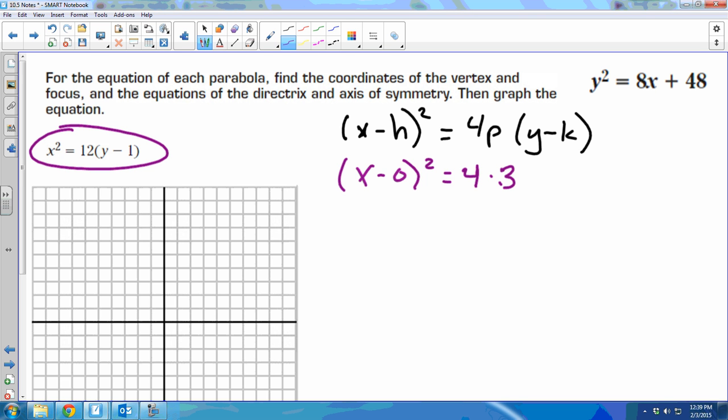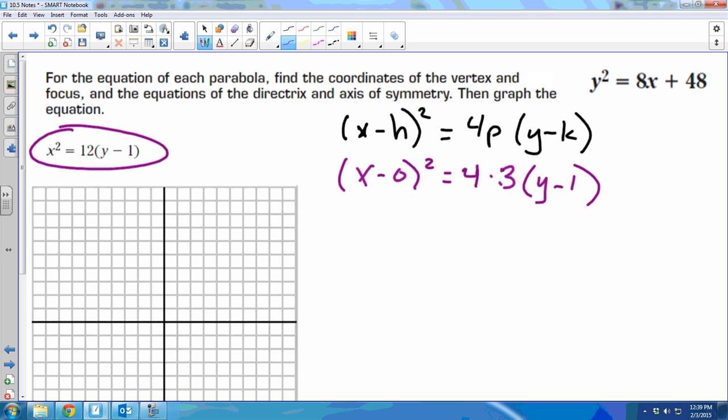I know that is 0 because it has x squared, and it's supposed to look identical to what I have in the black, right? And then I have y minus k, which is just what I have, y minus 1. So now the equation that I had matches the equation that I'm supposed to have. Everyone okay with why I put it in this format?